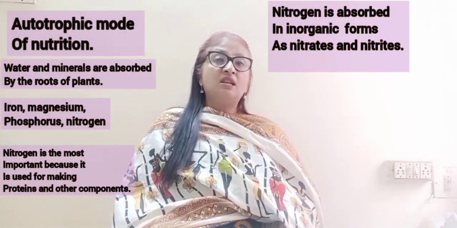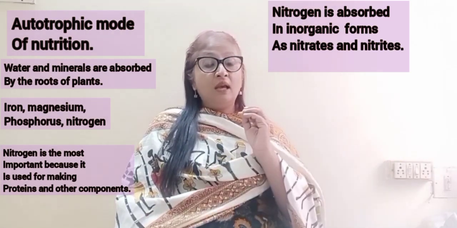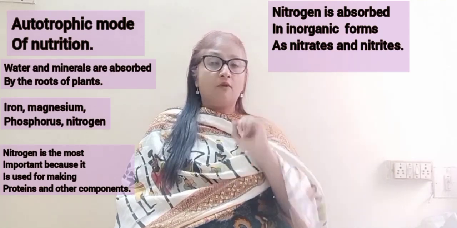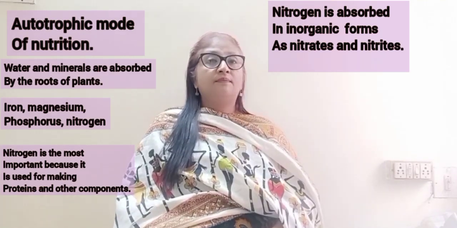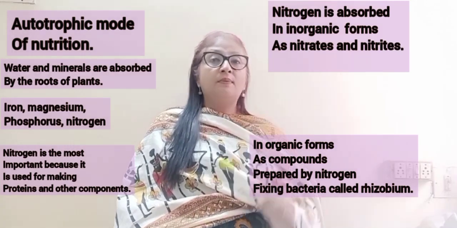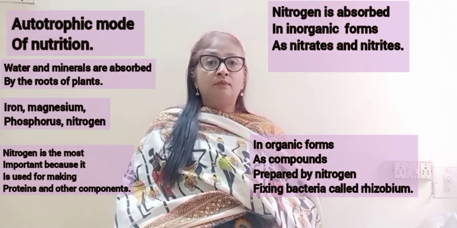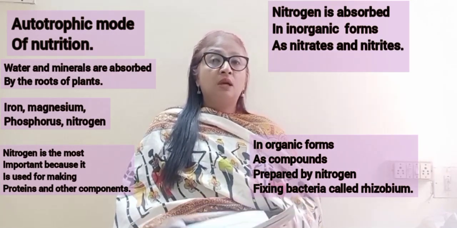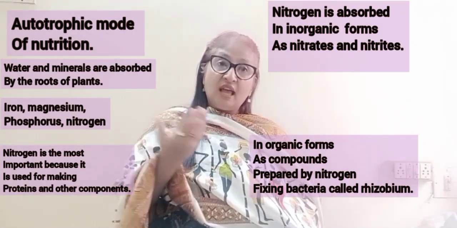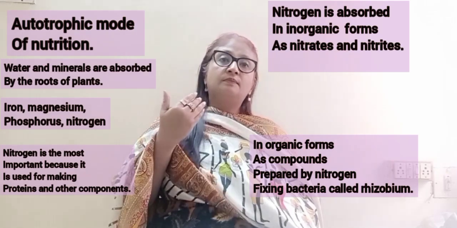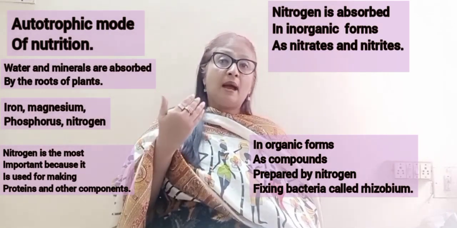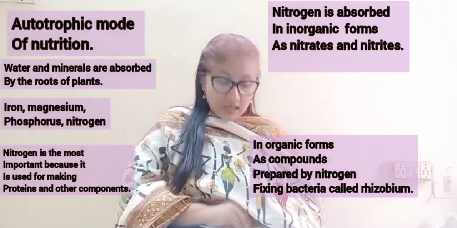It is absorbed in the form of nitrates and nitrites in inorganic forms, and in organic form it is absorbed from compounds prepared by the nitrogen fixing bacteria, that is Rhizobium.